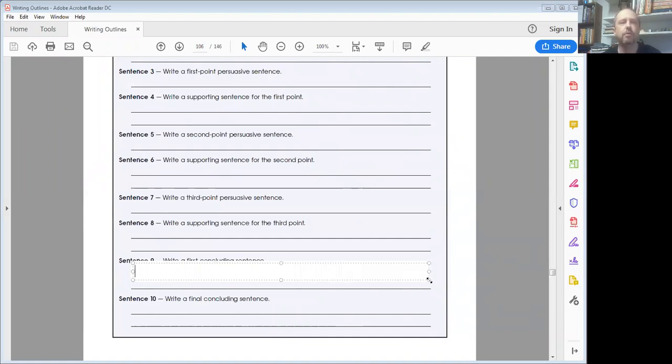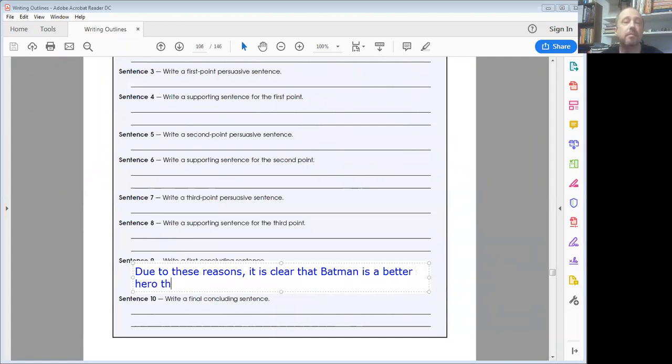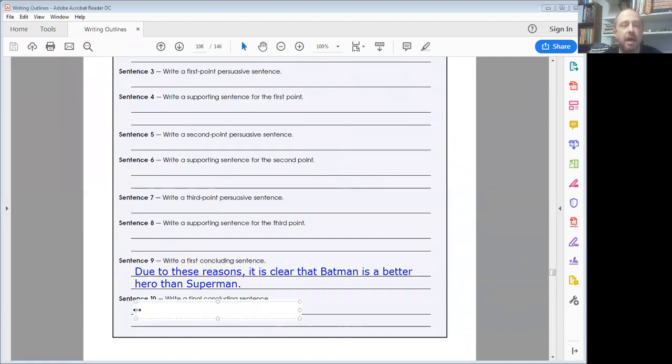So for my first concluding sentence, I'm just going to say something to the effect of, due to these reasons, it is clear that Batman is a better hero than Superman. Right? And then for my final concluding sentence, I'm going to restate or re-emphasize my overall point, my overarching point, right?